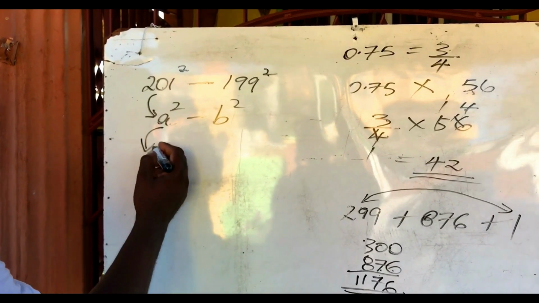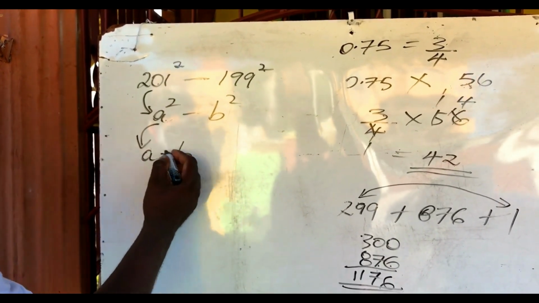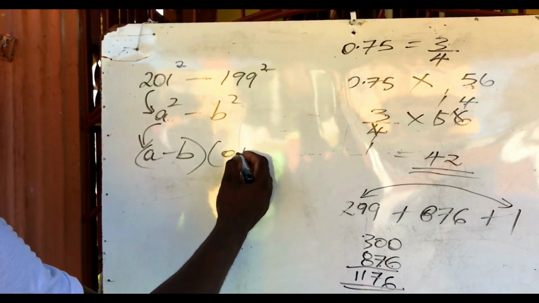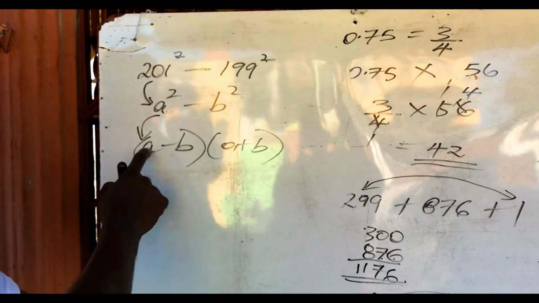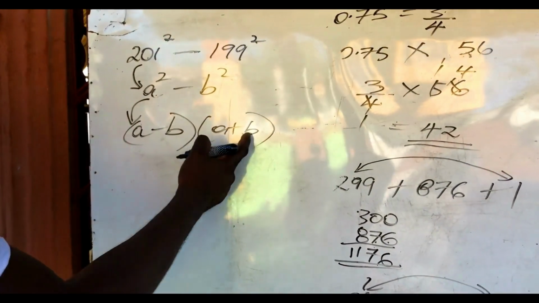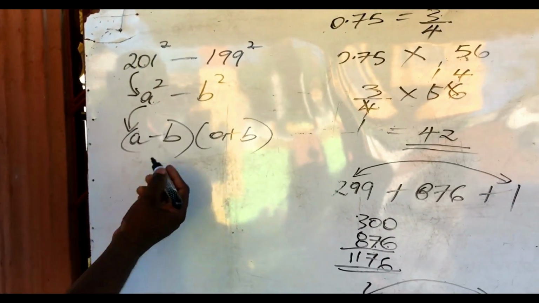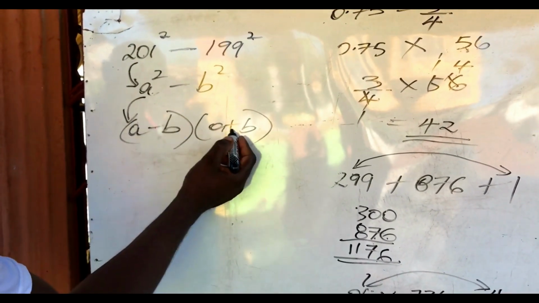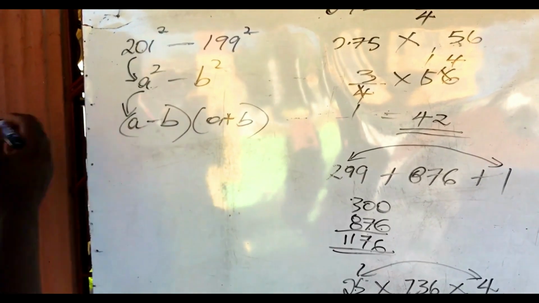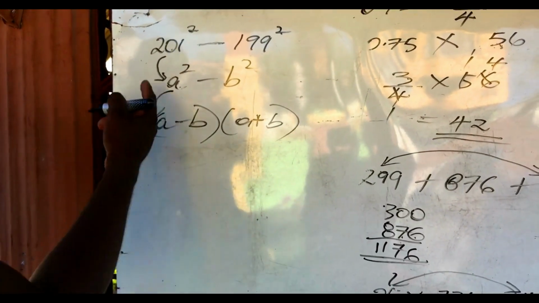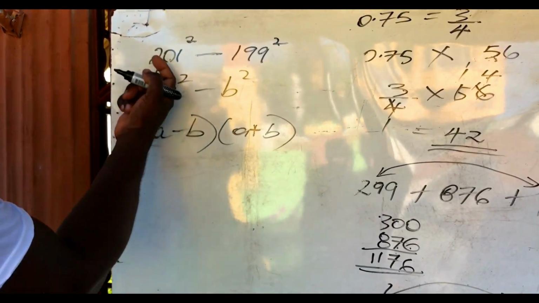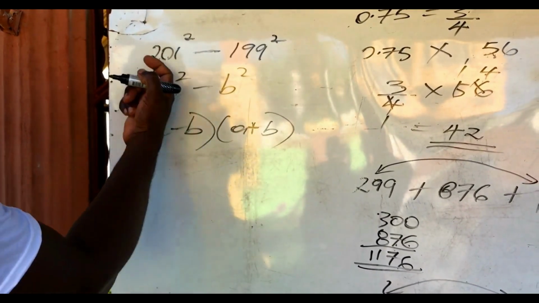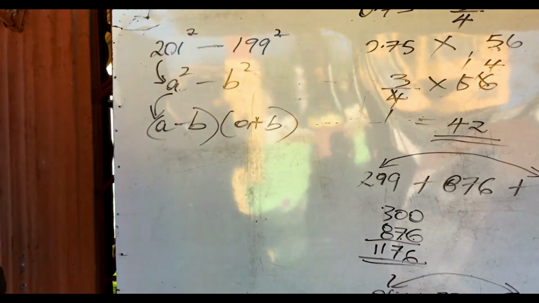But a squared minus b squared can be written as a minus b times a plus b. So the same terms are actually in the brackets, except for the difference in operation. So we apply the same principle here for 201 squared minus 199 squared.